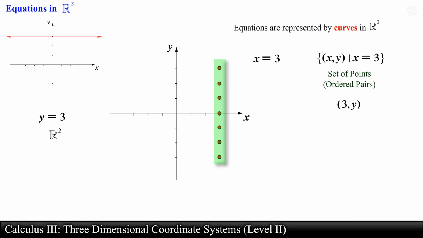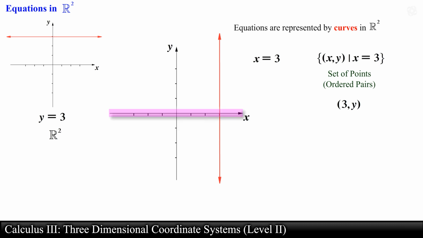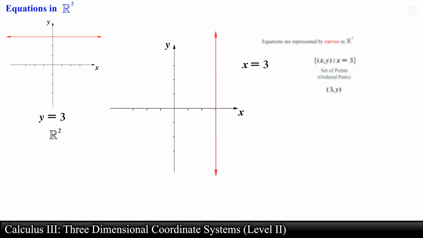Notice that every single point has 3 as its x-coordinate. Once again, we usually represent all these infinite points by connecting them with a curve, as follows. In this case, we have a vertical straight curve connecting all the points that are generated by the given equation. In addition, this line is also parallel to the y-axis and perpendicular to the x-axis.